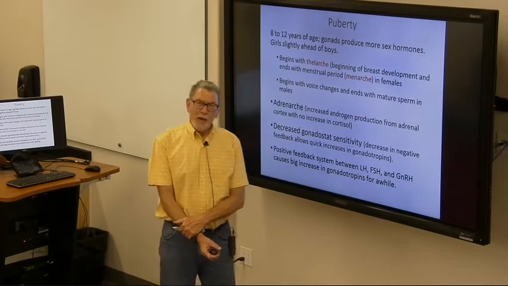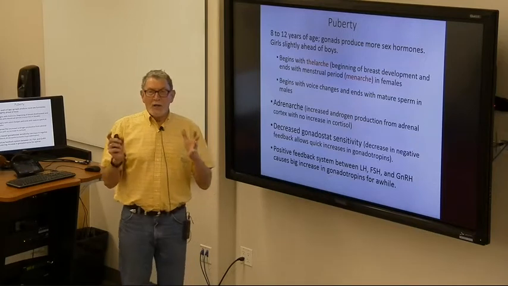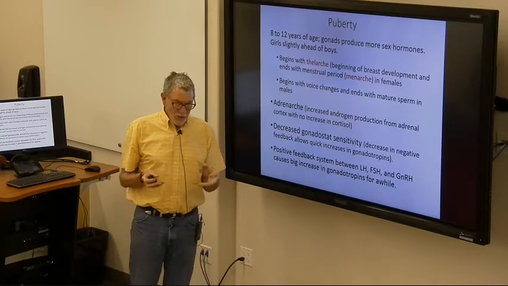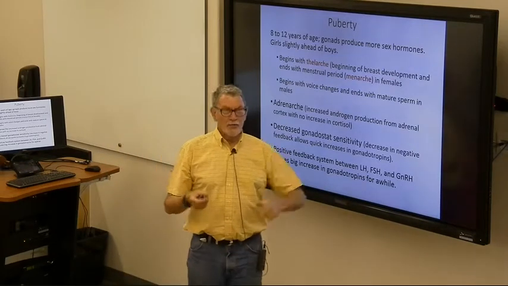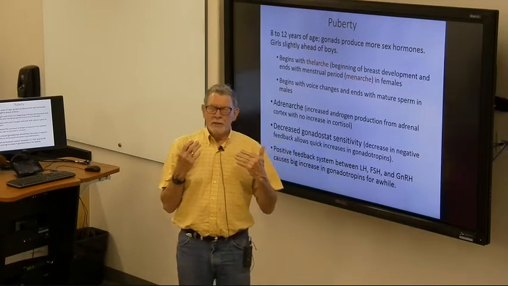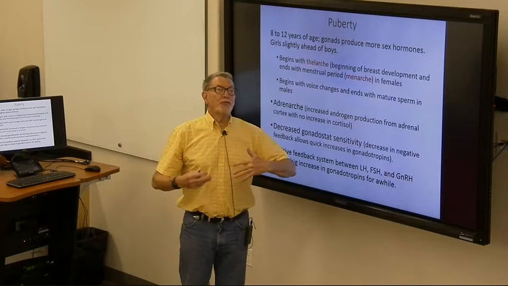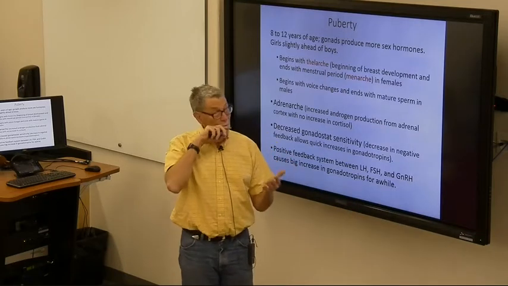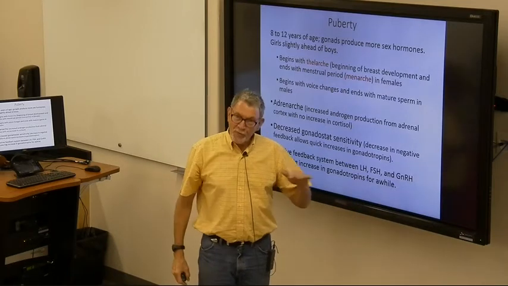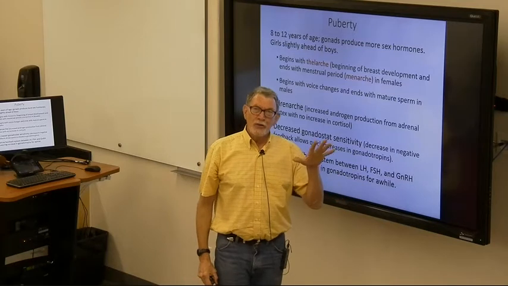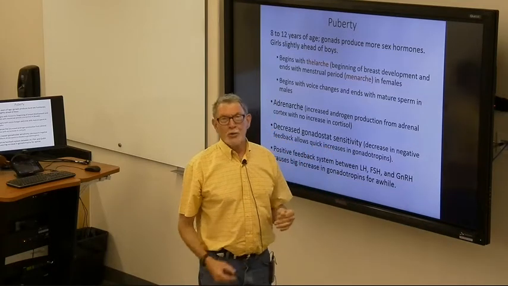Puberty is described as the point where a maturation of the gonads causes an increase in androgens and estrogens, which cause you to develop, rather suddenly and dramatically, into sexual maturation.